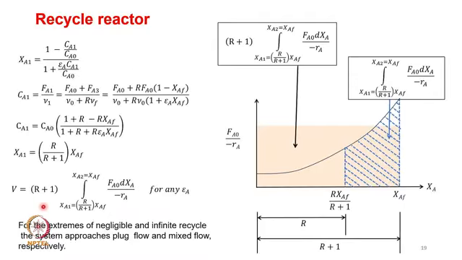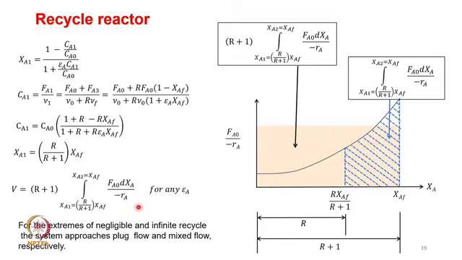So, your eventual equation becomes V is equal to R plus 1 times the integral from XA1, which is equal to R by R plus 1 of XAF, to XA2, which is equal to XAF, the final outlet conversion, of Fa naught into dXA by minus Ra.